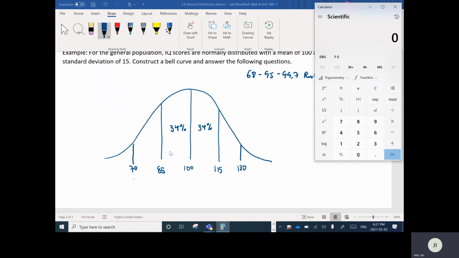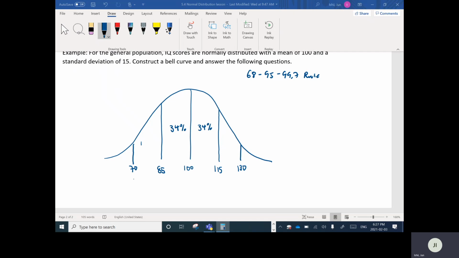So 95% would be these 4 sections. If I take 95 minus the 68, we have 27% left over. So this section plus this section must add to 27, which means that if I divide this by 2, each one of these would be 13.5%. So I'm going to write that in here: 13.5% and 13.5%.